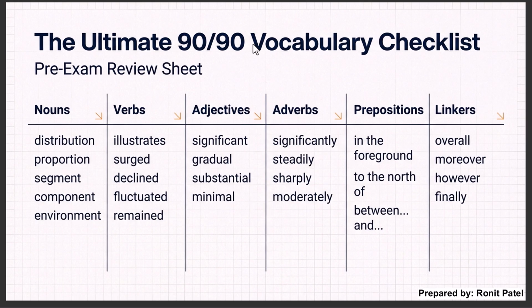This creates automatic Band 90 phrasing. And whenever you are making sentences, obviously you need to check the accuracy. So try to incorporate tools such as Grammarly or some grammar checking tool with the help of which you can identify errors. So basically this will help you in ameliorating your grammar score.